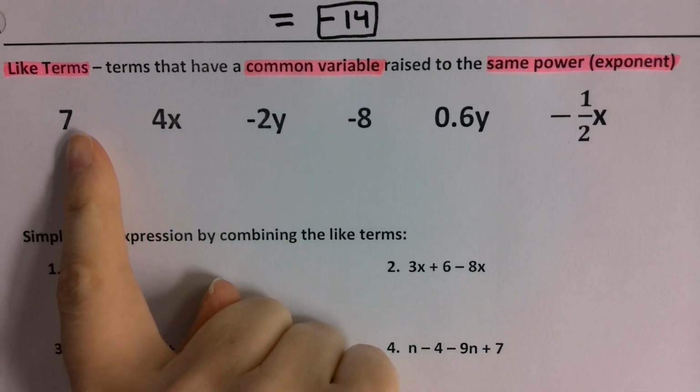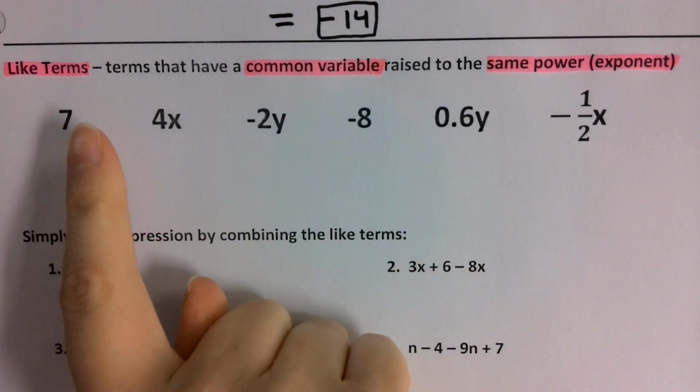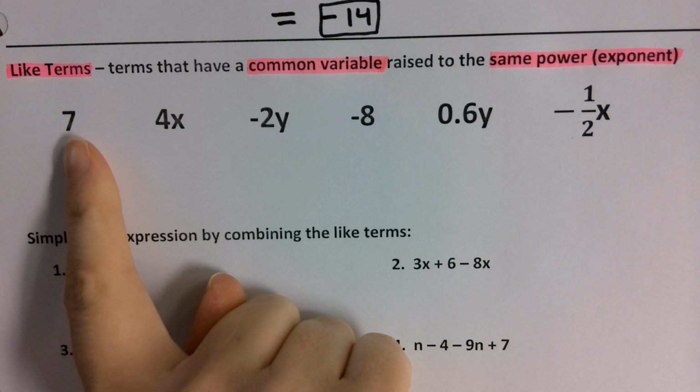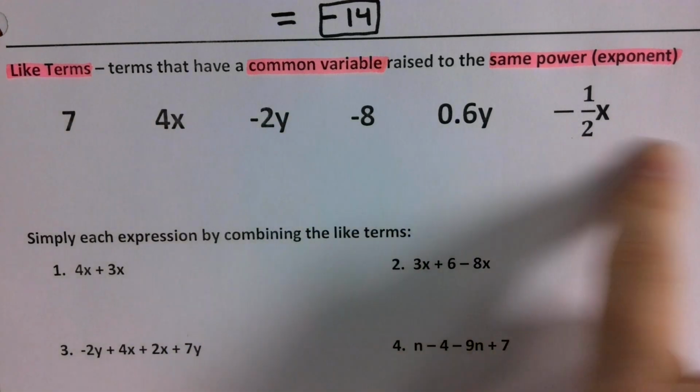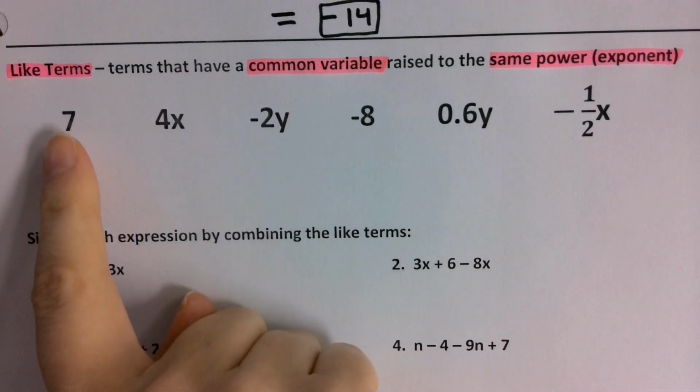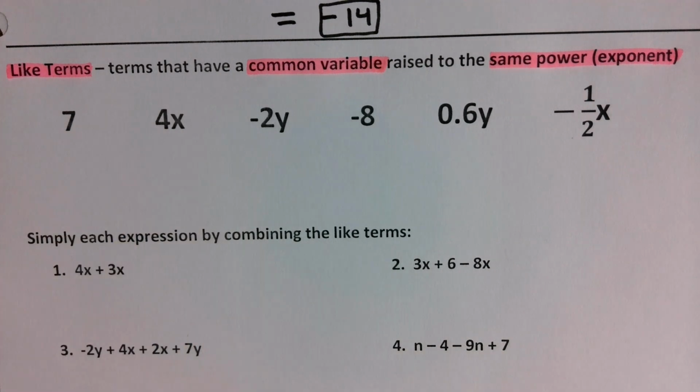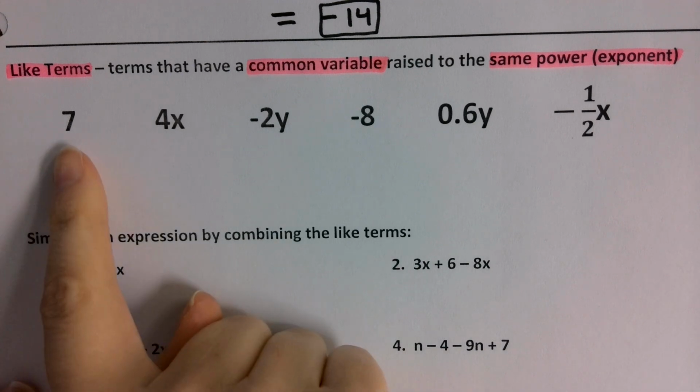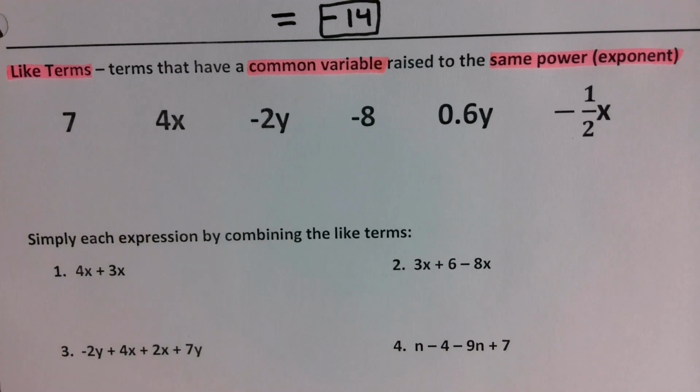So what I want to do here is start with the very first term that I see positioned up here, and try to identify a like term to it. So this is a constant.